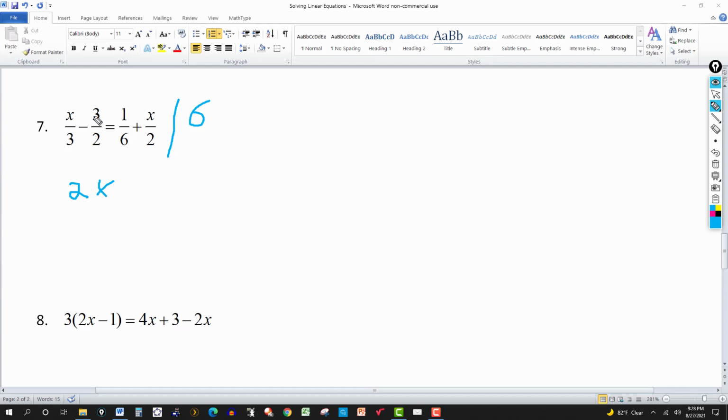Then the next one, minus 3/2 times 6. Now you could say 6 times 3 is 18, and then divide by 2. Works out the same way. But I'm going to do it this way. 2 into 6 is 3, and then 3 times the minus 3 is a minus 9. Now the same thing on the right side.